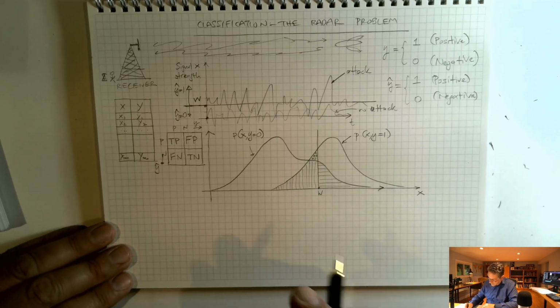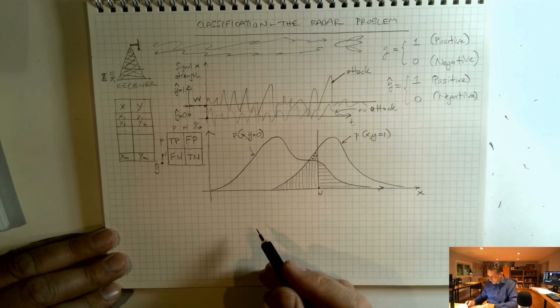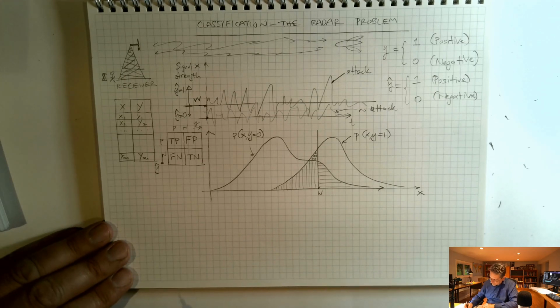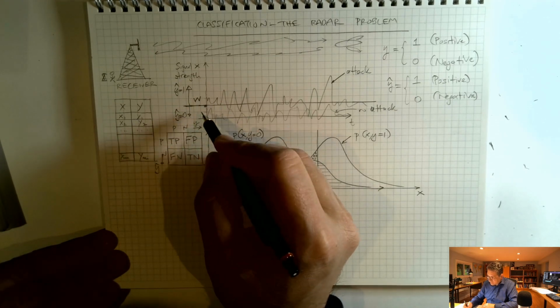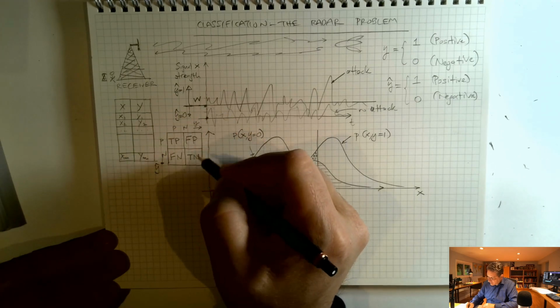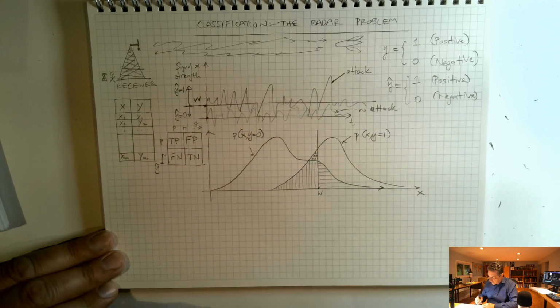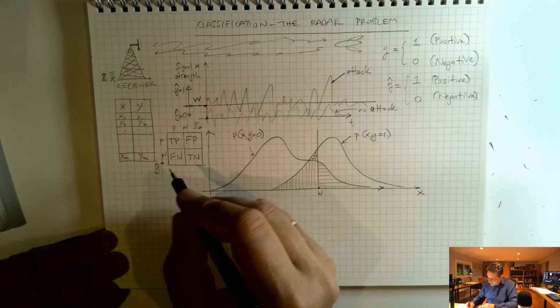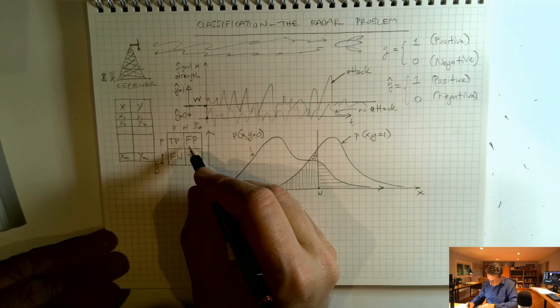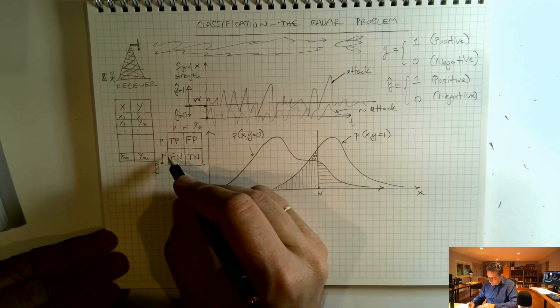And before I describe what happens every time this threshold W is not set optimally: when the threshold W is set too high, then we are missing the events that are actually attacks, and therefore we are increasing our false negatives.